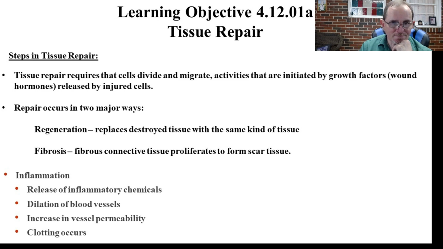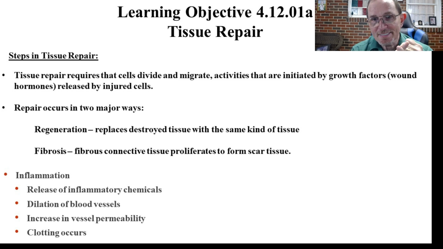So inflammation, the chemicals are released, and as I told you, the mast cells actually release something called histamine. A lot of folks probably take antihistamines for allergies, but histamine helps as a pro-inflammatory. The capillaries are going to open up and get really leaky.